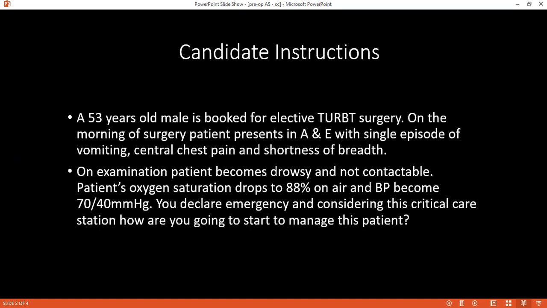What are the risks if you operate on the patient, according to the NICE guidelines?